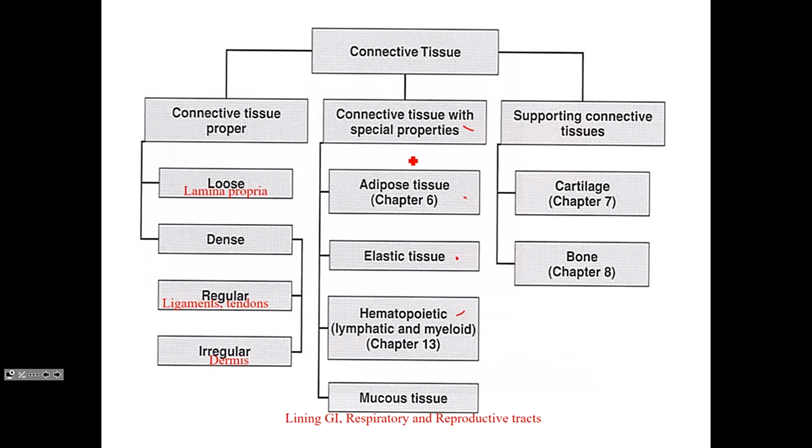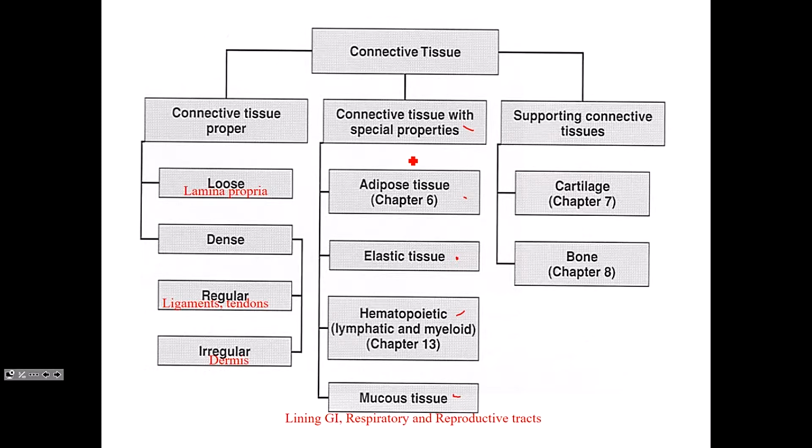And then we have mucous tissue, shown here. Here they're talking about mucosa. So mucosa is a generic term that basically means the lining of many of the tracts of the body, like the GI tract, the respiratory tract, reproductive tracts. Basically, that's the lining epithelium, and the underlying, usually the lamina propria. Okay.